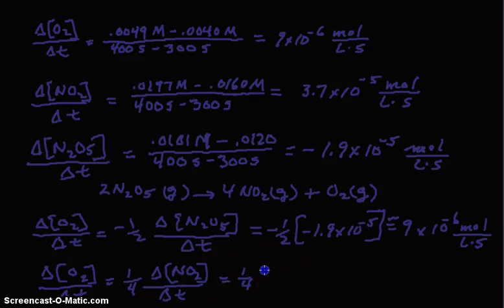And the NO2 had 3.7 times 10 to the minus 5 moles per liter per second. So that works out again to be approximately equal to 9 times 10 to the minus 6 moles per liter per second. So those relations are verified experimentally.